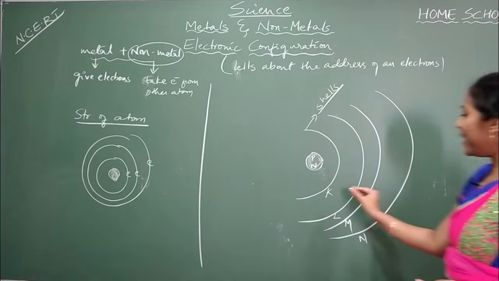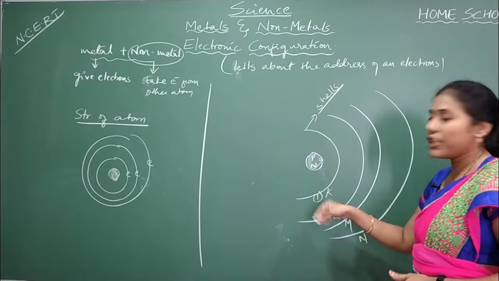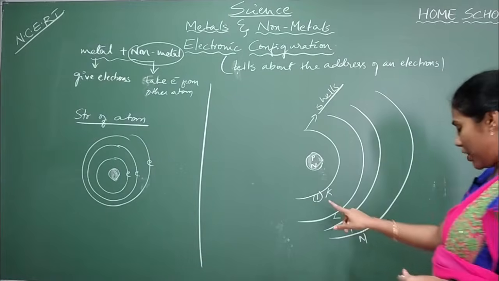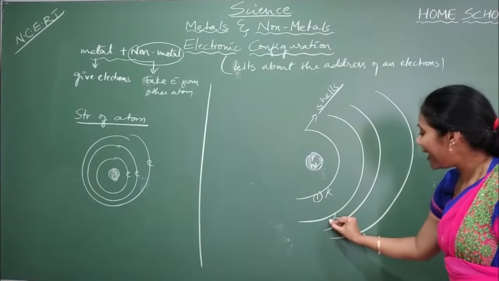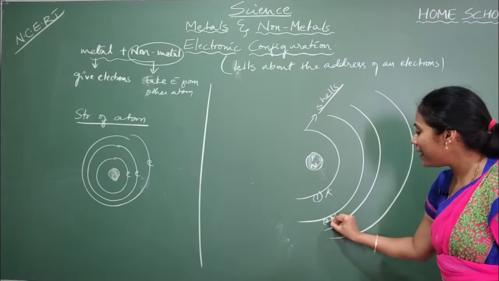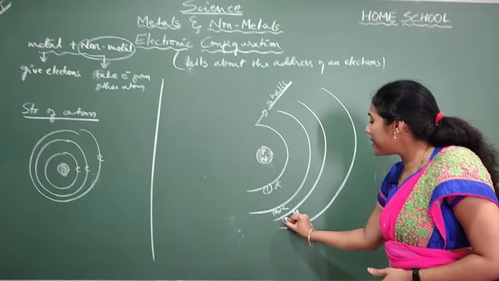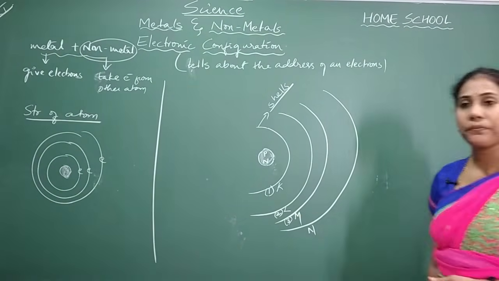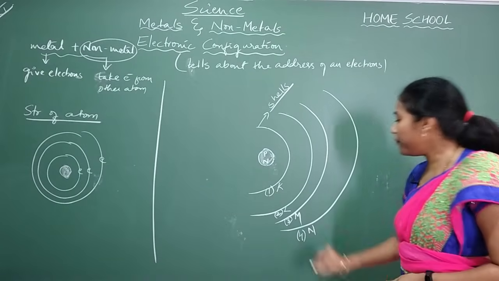So K shell is also called the first shell, which we represent with the digit 1. Alphabetically, we call it K shell. L can also be represented with the digit 2, M with the digit 3, and N with the digit 4.